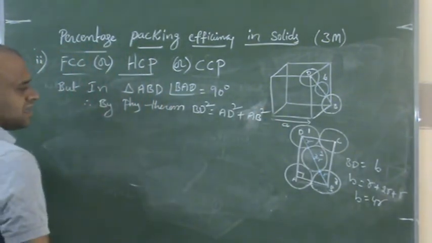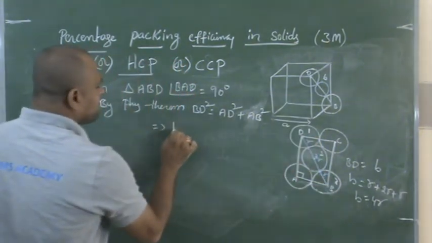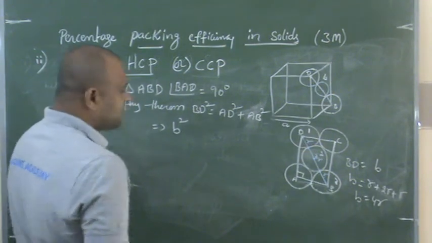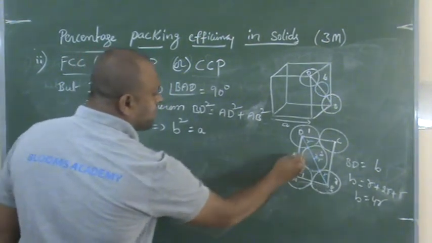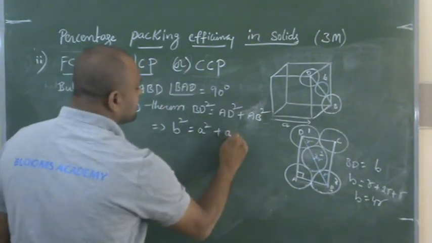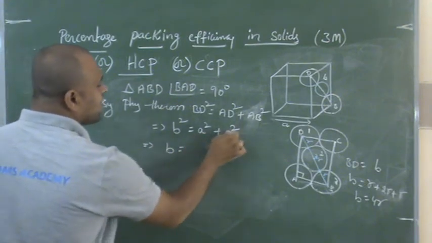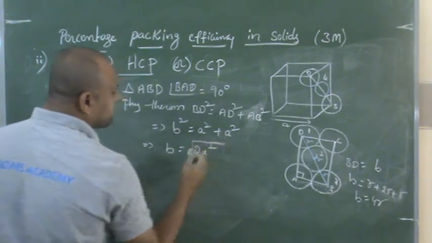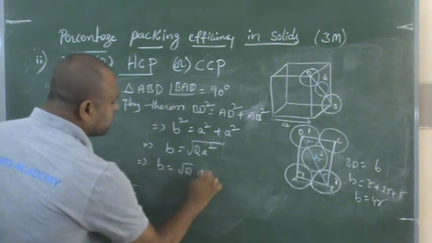BD is nothing but b, so b square is equal to AD, which is a, because it is an edge length, a square, plus AB, also an edge length, a square. That implies b square is a square plus a square, 2a square. If the square is sent to that side, it becomes a square root. That implies b is equal to root 2 a.